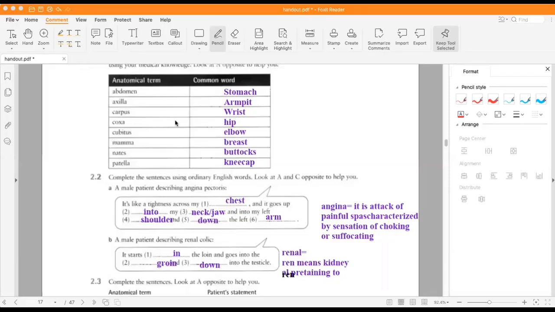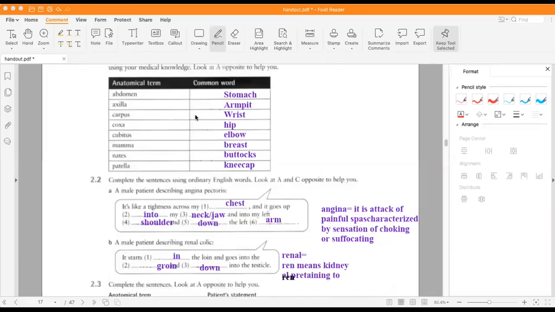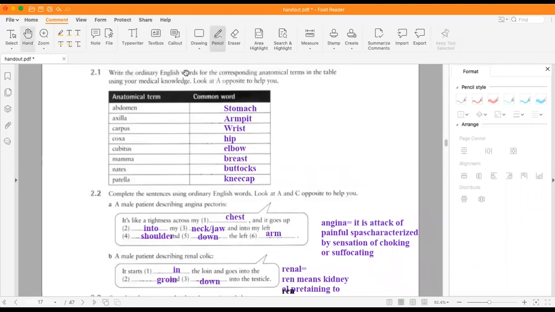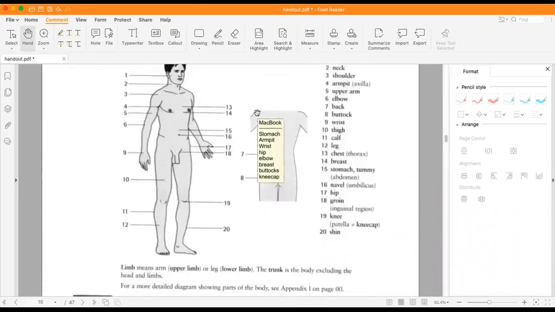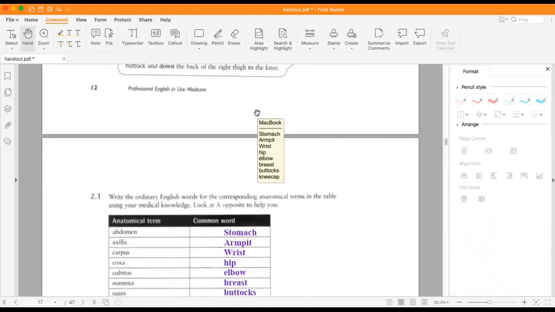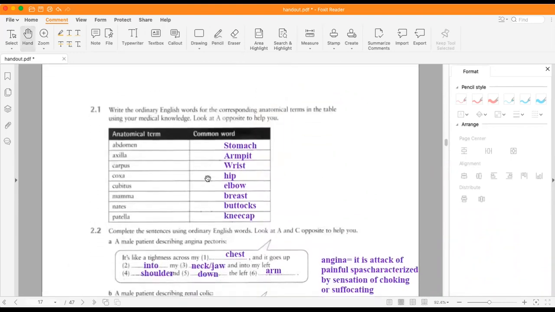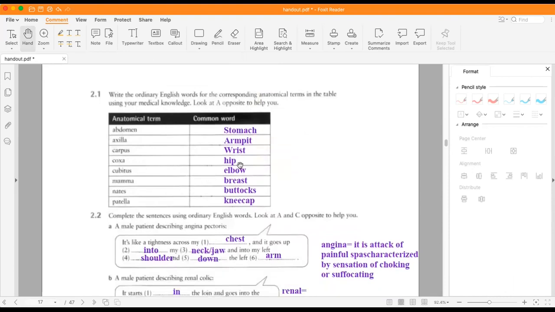Then, in the next page, we have taken some anatomical terms and common terms. Some of them are already in the picture, and some are new, for example, coxa means hip, and so on.